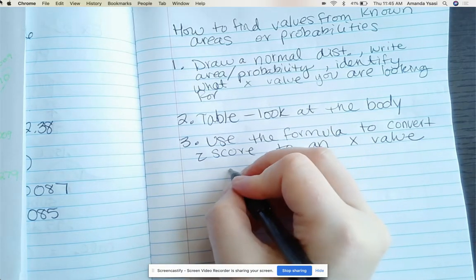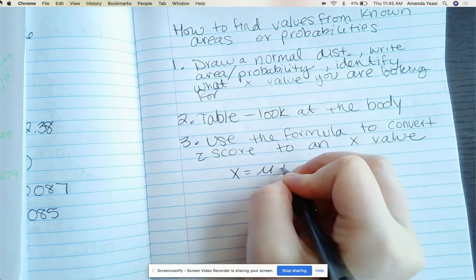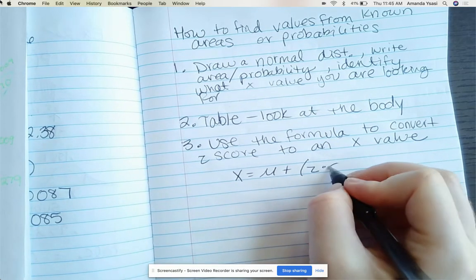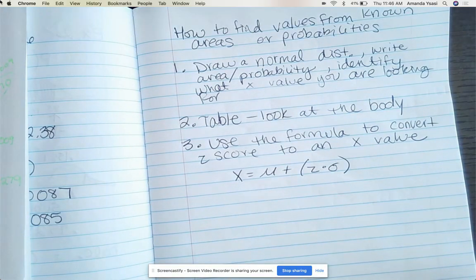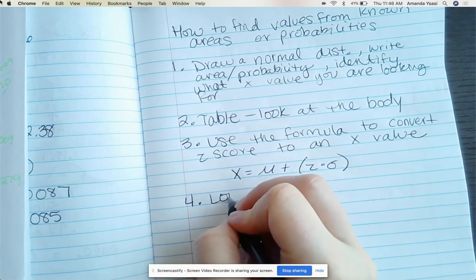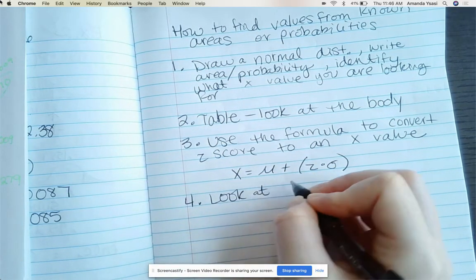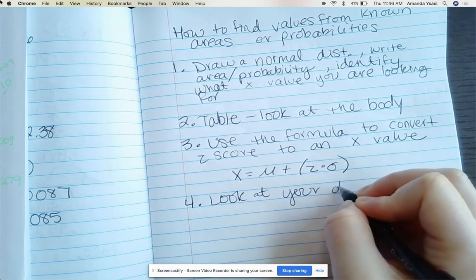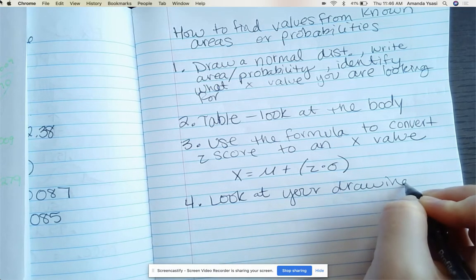So it's X equals mu plus Z times standard deviation. And then four is look at your drawing and make sure that it makes sense with that new number.